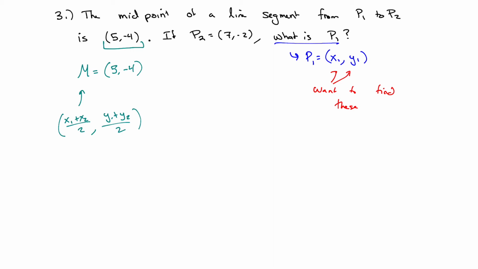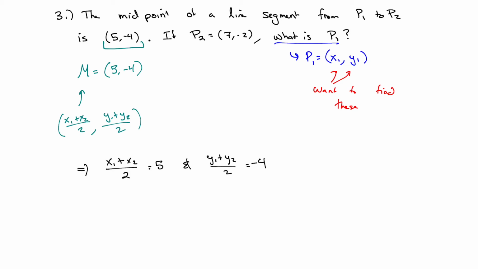Meaning that the x-coordinate 5 has to be equal to the formula, right? So this means that x sub 1 plus x sub 2... Sorry about that, my stylus died. So x sub 1 plus x sub 2 over 2 is equal to 5, and y sub 1 plus y sub 2 over 2 is equal to negative 4.